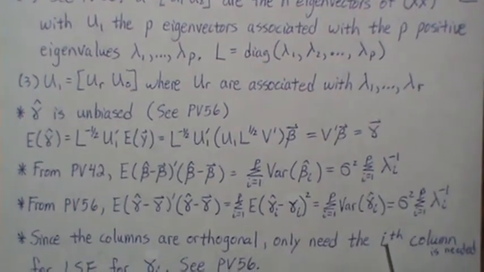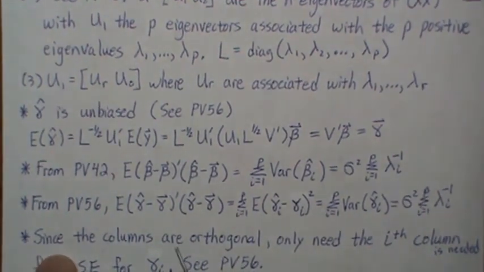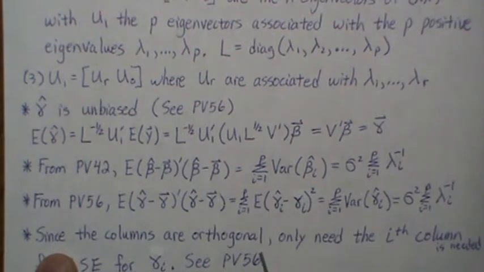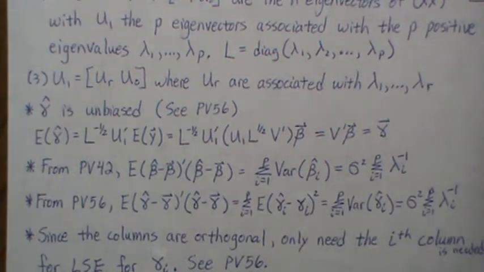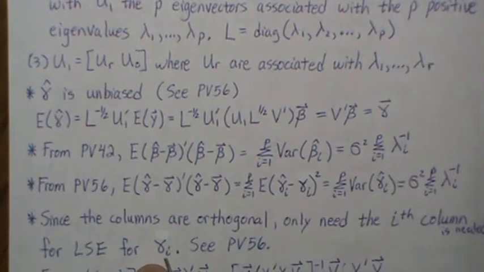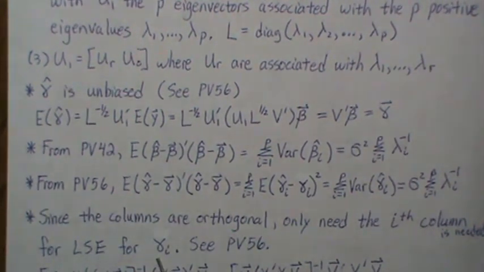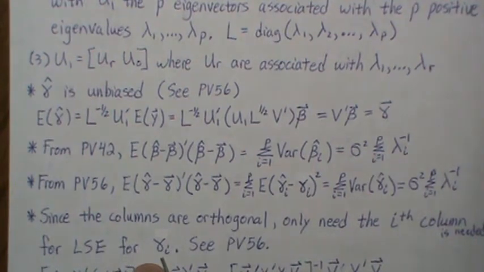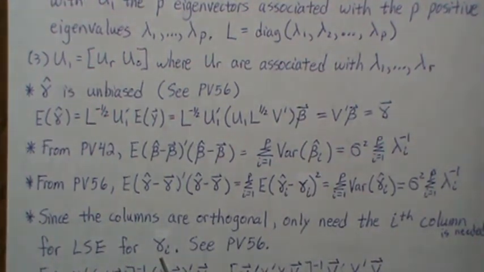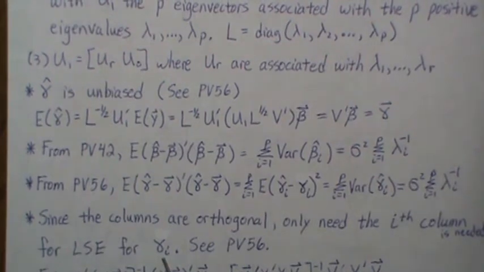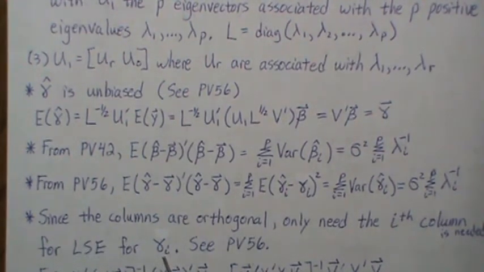Now there's a property that says that since the columns are orthogonal, only the ith column is needed for the least squares estimate for gamma I. To me, that's kind of crazy, we didn't prove it, and I may in a later video. So to come up with the least squares estimate for the ith gamma parameter, we only need the ith column.